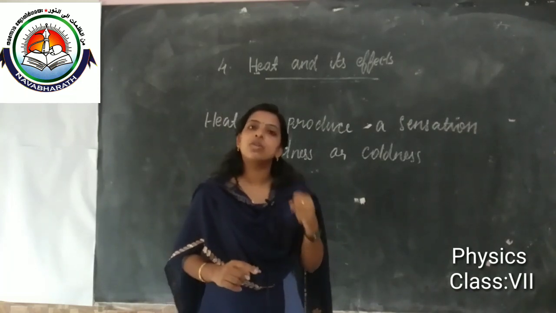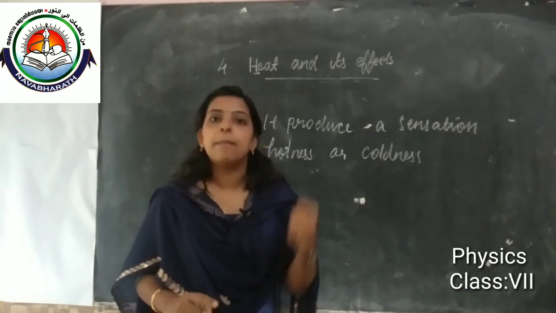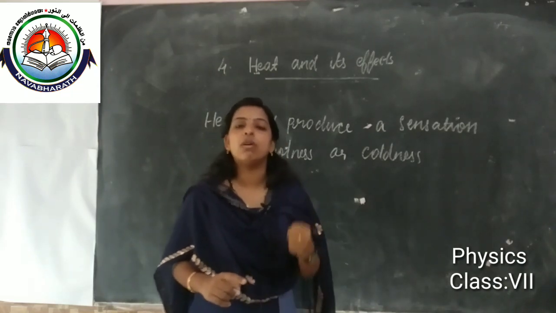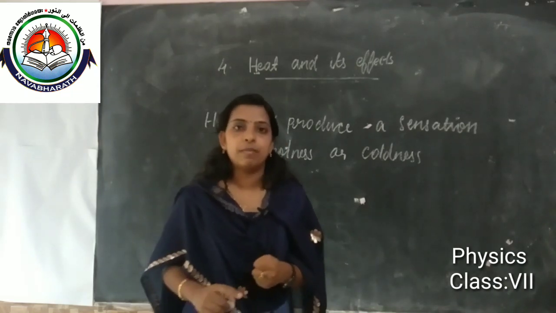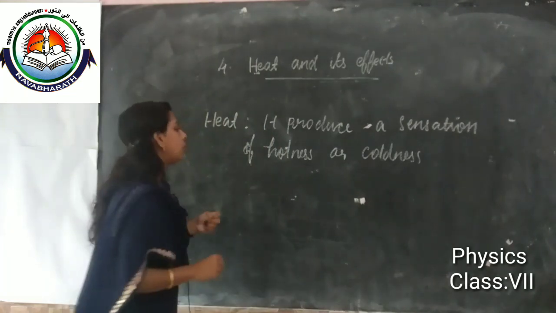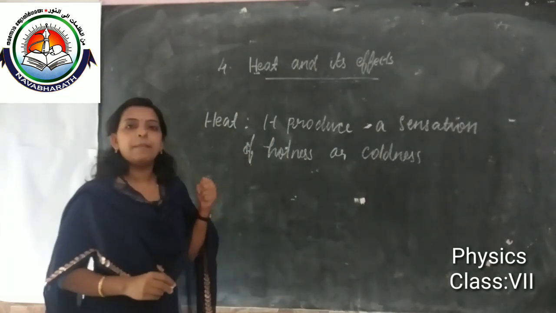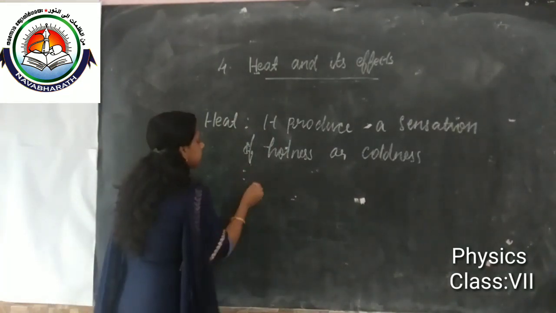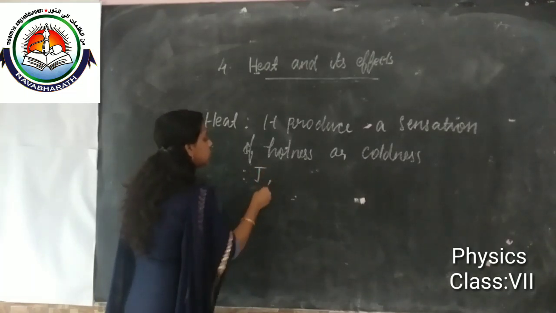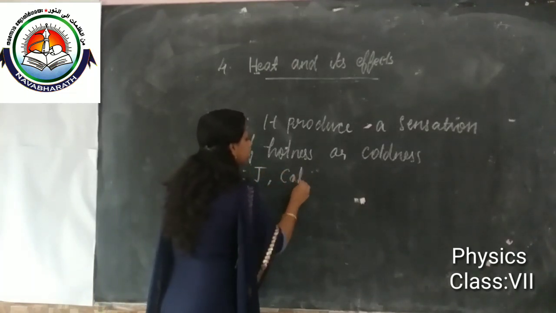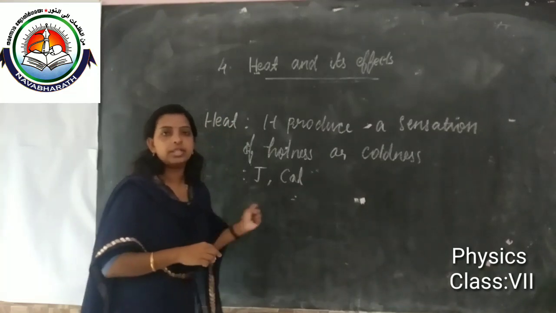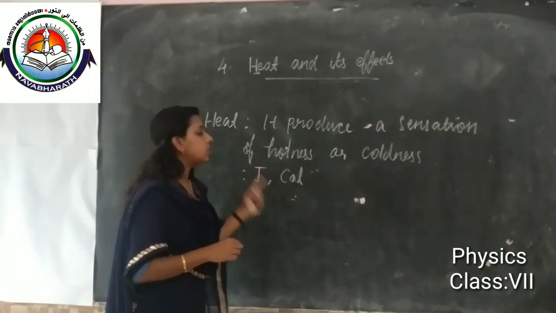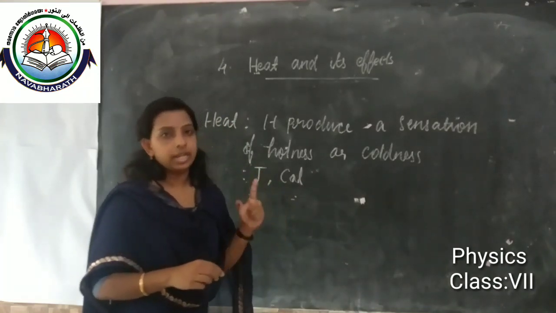So we can measure heat by the units joule or calorie, denoted by J, or calorie denoted by CAL. These are the units used to measure heat.